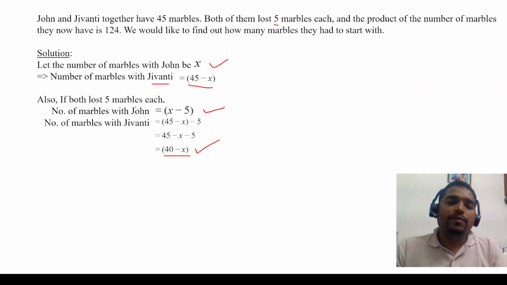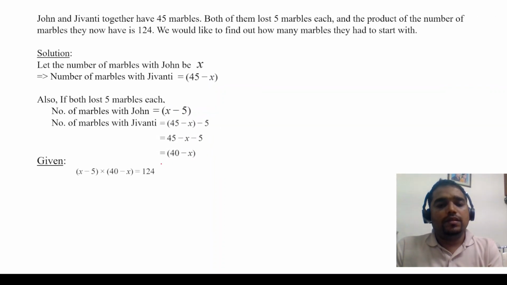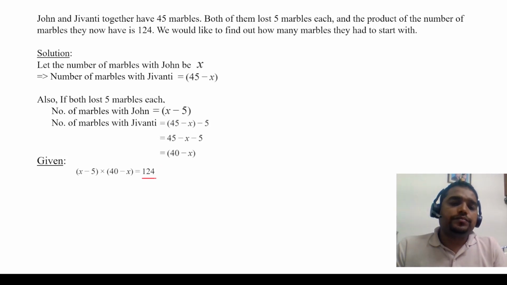After losing 5 marbles each, John has x minus 5 and Jivanti has 40 minus x. The condition is that if you multiply these two expressions, the product of the number of marbles they have is 124.